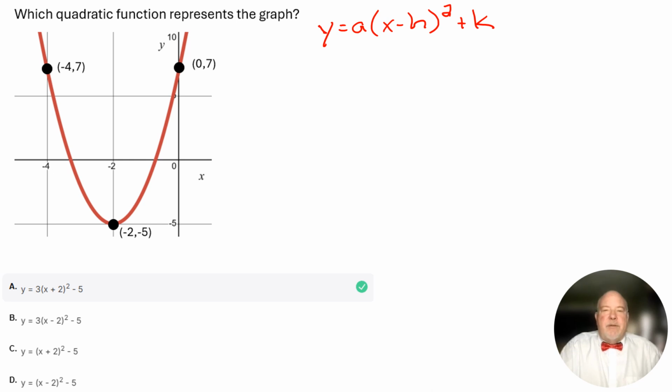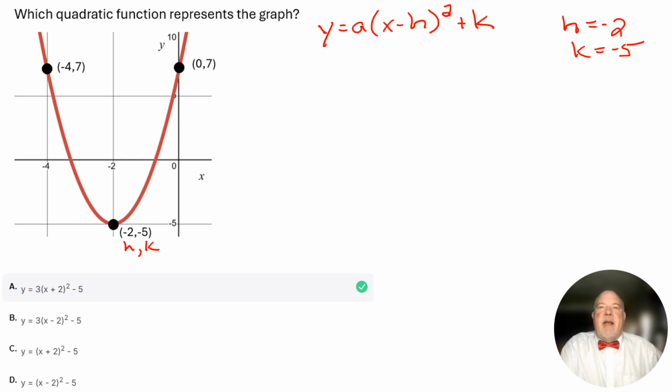So let me label those real quick. So h is equal to -2 and k is equal to -5. So I'm getting there. I've got my h and my k, and now all I need is the a.